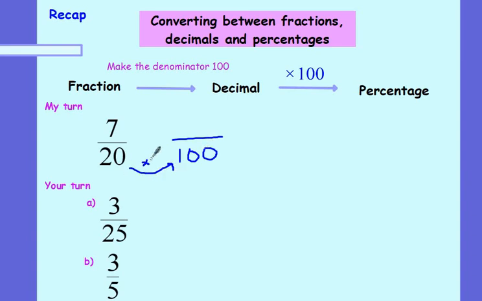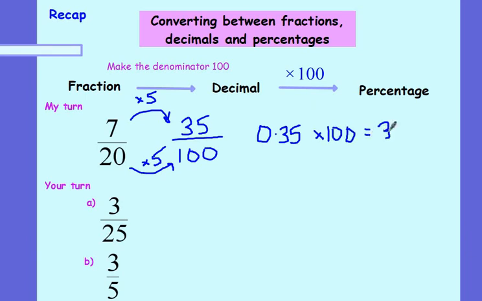I've multiplied my 20 by 5, so I need to do the same on the top. 7 times 5 gives me 35. 35 hundredths as a decimal is just 0.35, using our place value table. And to work out a percentage, we just need to multiply that by 100, which will give me 35%.